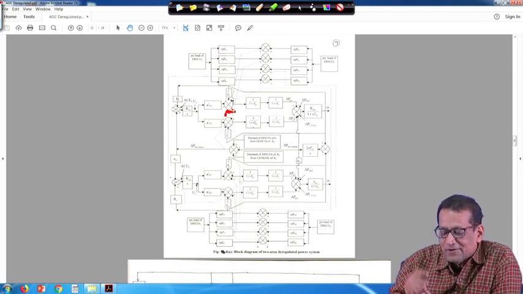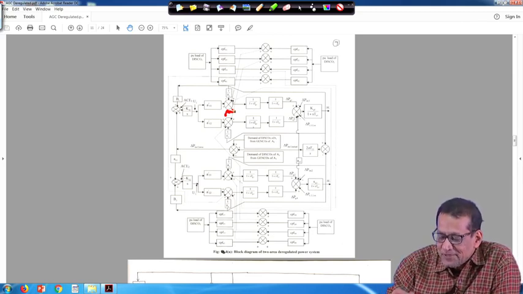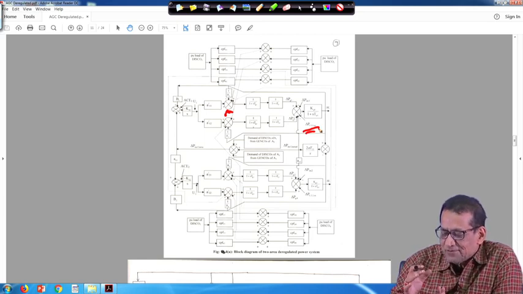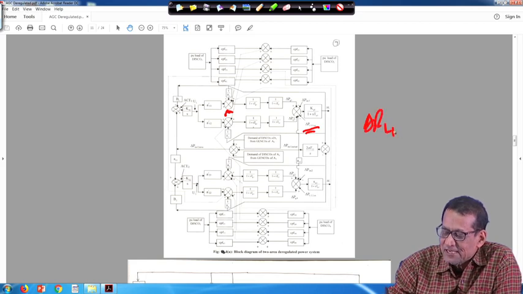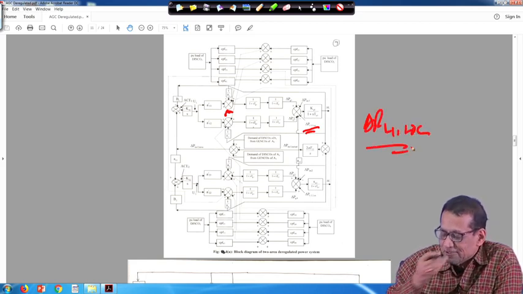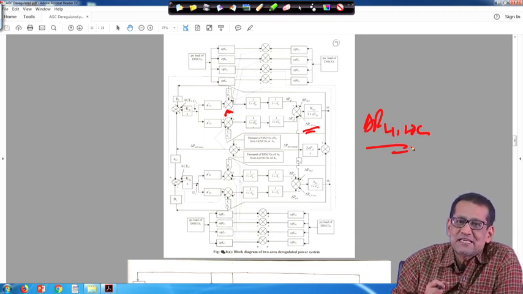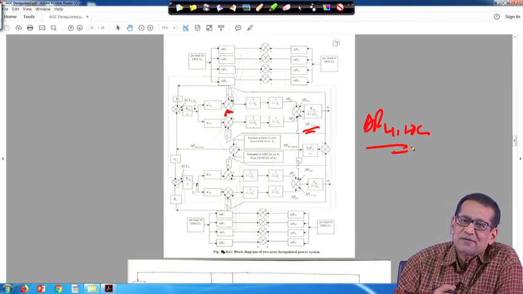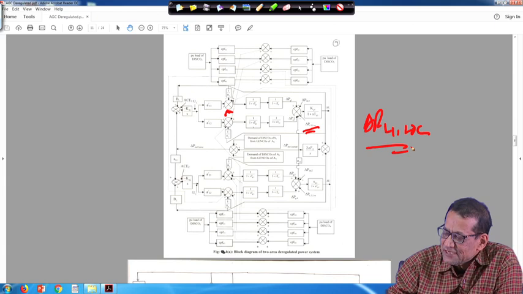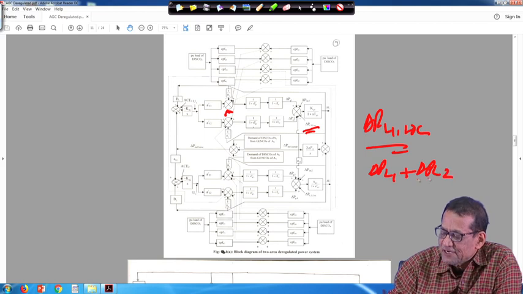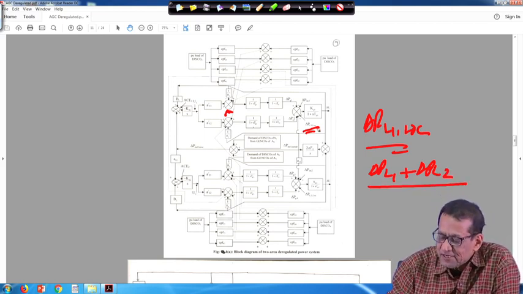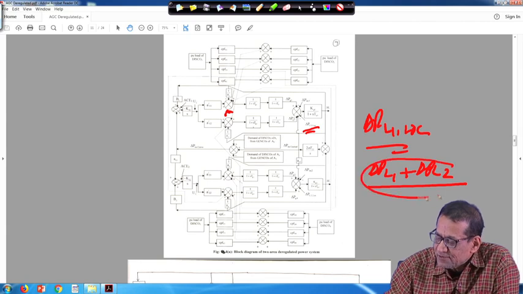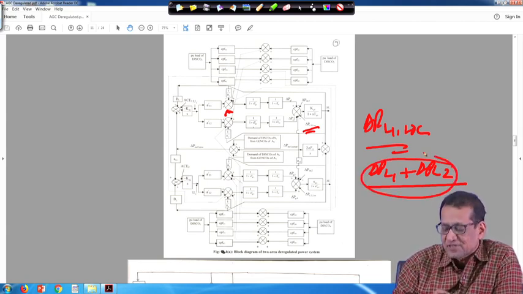Now, next is your delta PL local. What you have to see is that delta PL1 local means that you have two distribution companies in area 1, each demanding power delta PL1 and delta PL2 respectively. So, delta PL1 local will be delta PL1 plus delta PL2.